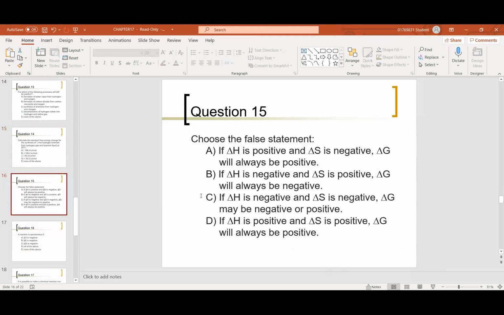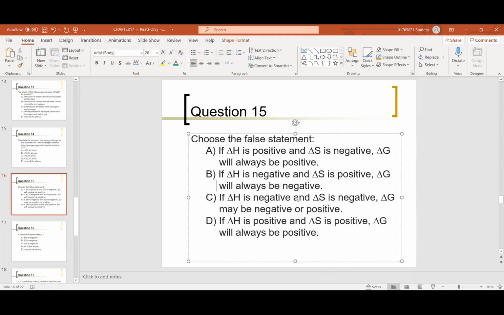Choose the false statement. If delta H is positive and delta S is negative, delta G will always be positive. Yes, that's true, because negative times a negative becomes positive, and it becomes positive plus positive. So this is true.